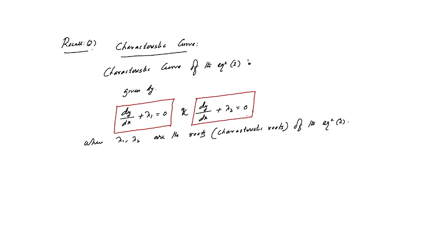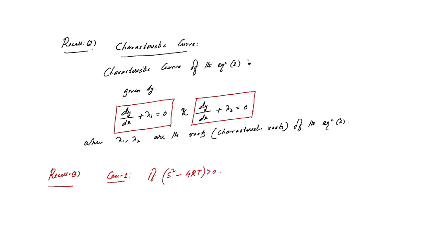Now we will discuss three important cases, and based on the case we will classify the second order linear PDE. So what are the considerations? Next we will come to the recall 3. We will consider three cases. Our first case, case 1, if s square minus 4rt is greater than 0.